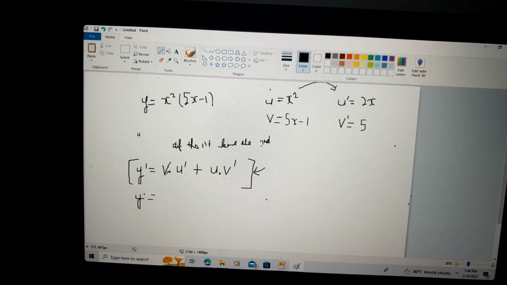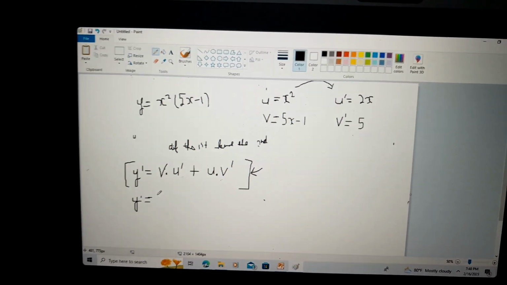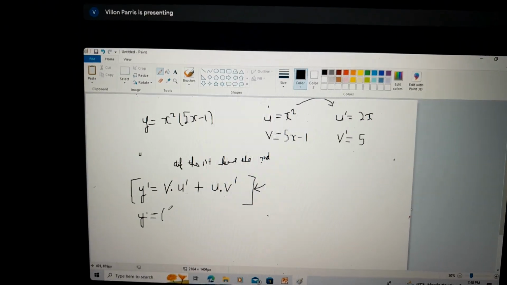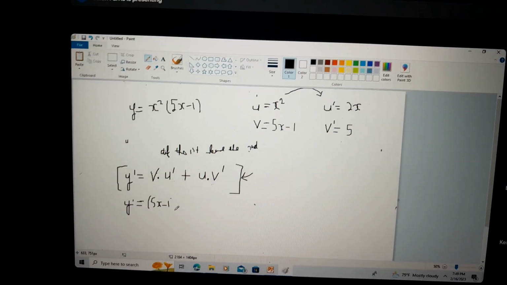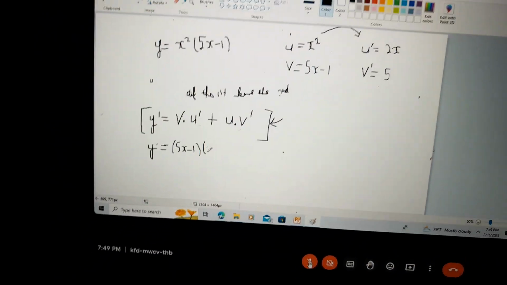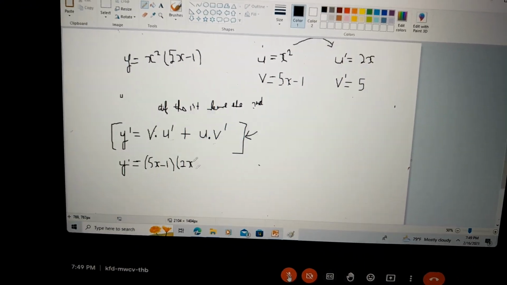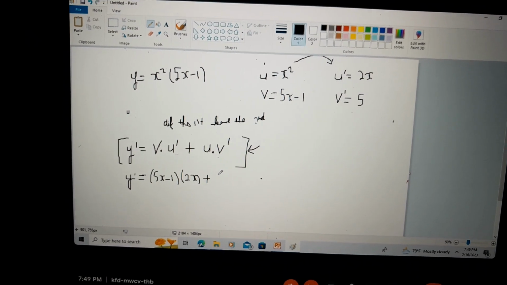Someone give me, where I have v, what do I put? 5x minus 1. Wonderful. 5x minus 1, what comes next? By the derivative of u, which is 2x. 2x. Wonderful. Plus u, x squared.